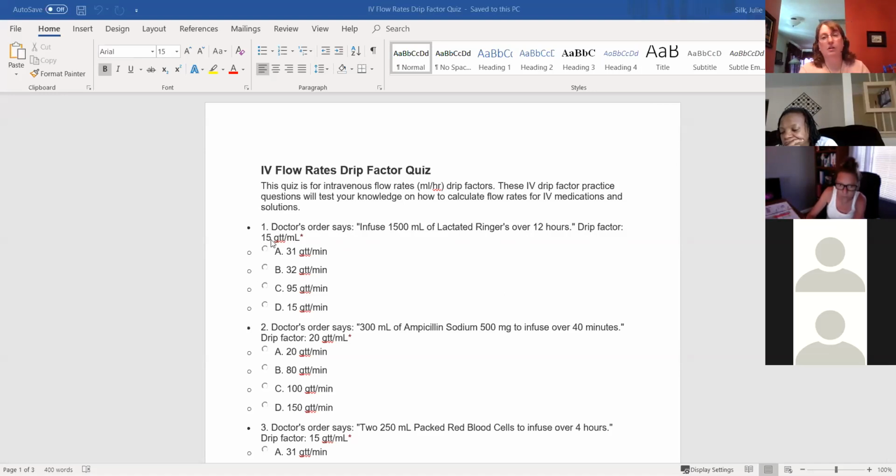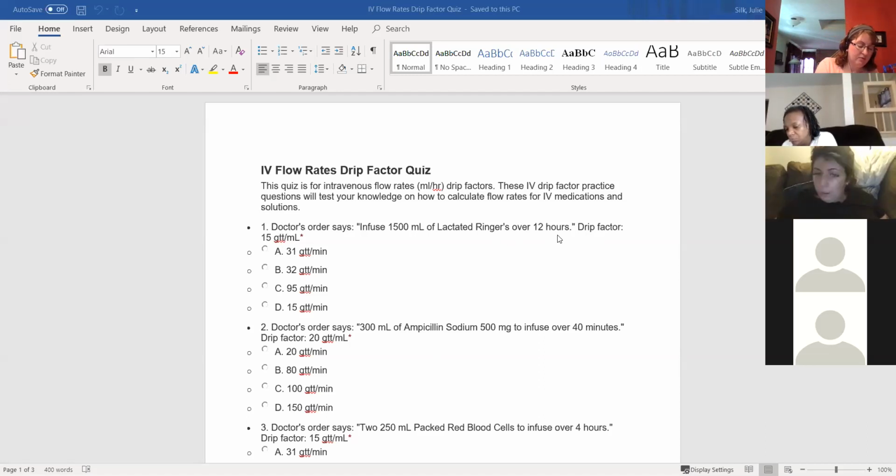So let's do that on our calculators here. 1,500 times 15. And then we're going to take what we get and divide it by our time in minutes. So a lot of times when you see these problems, it'll be in hours. So that's the only thing you'll have to convert would be the time. So what would 12 hours be in minutes? 720. 720. 720? Yeah. Okay.